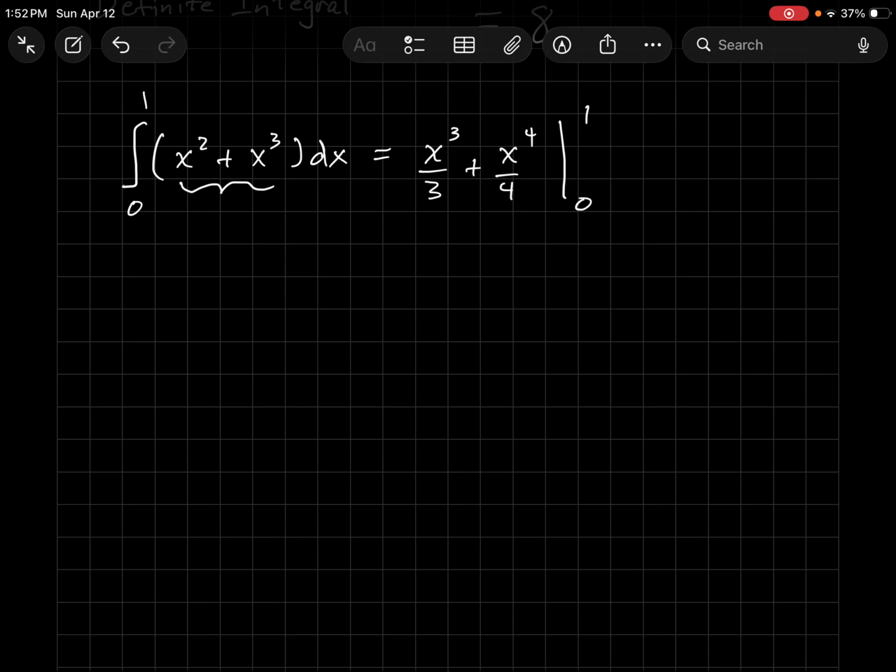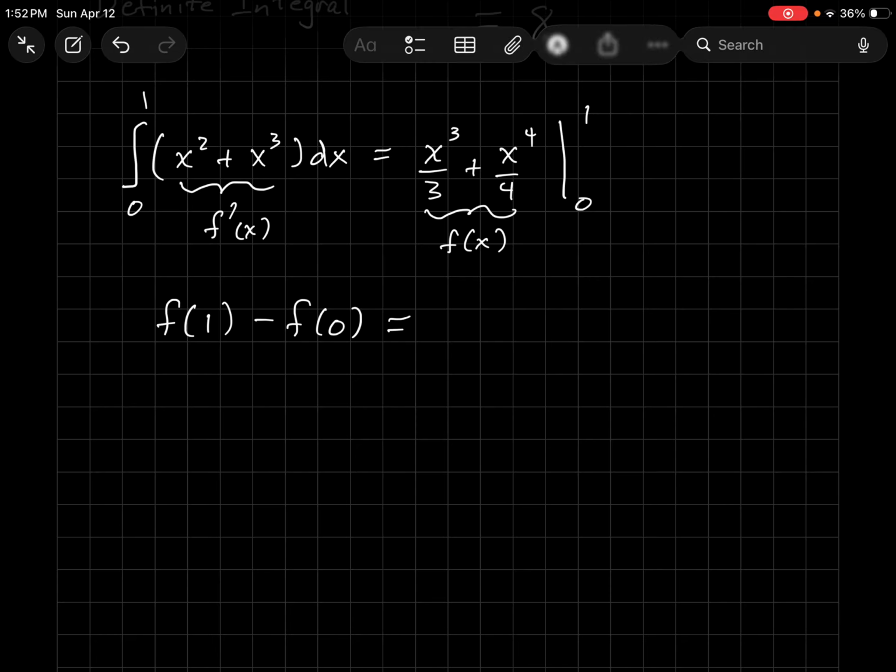Where I know that if this is f prime of x, then this integral will give me the change not in f prime, but the change in my original function f, where this is my function f. So we're going to plug in the top value.